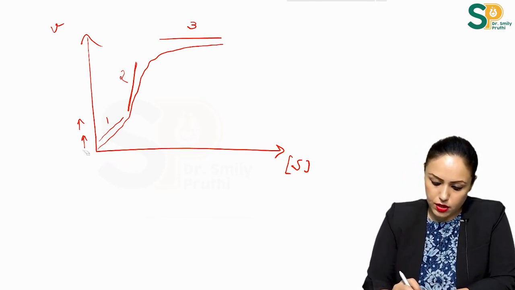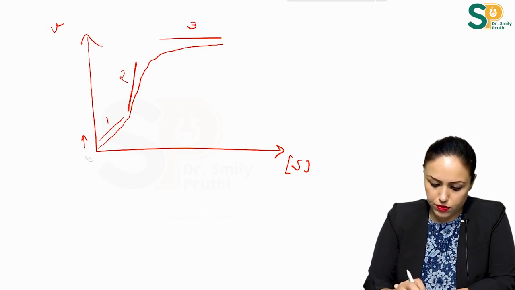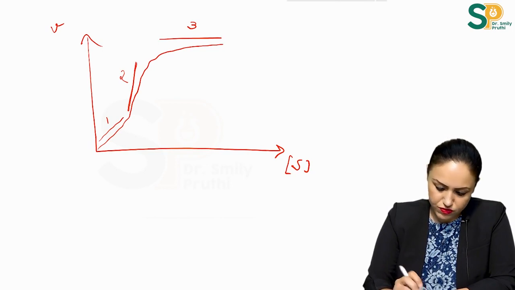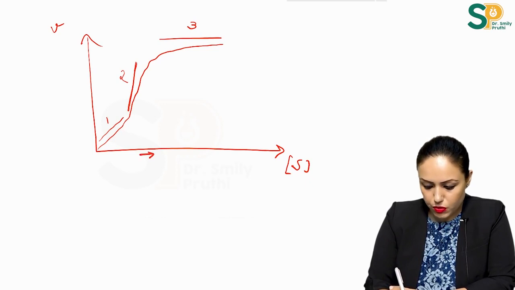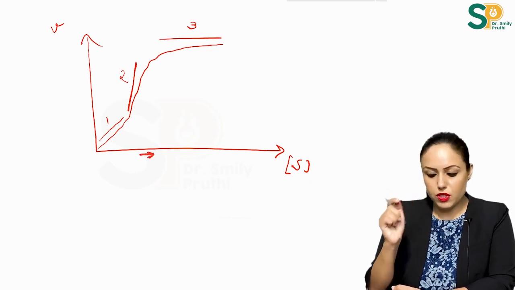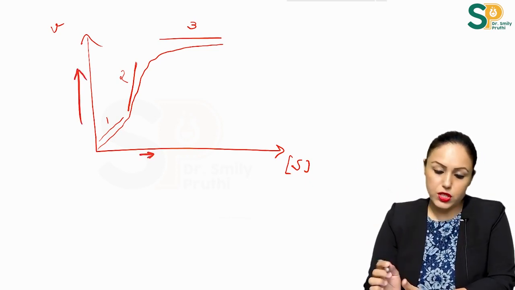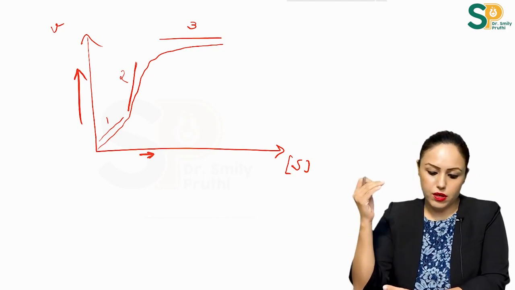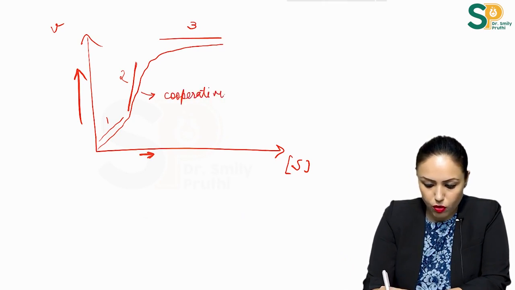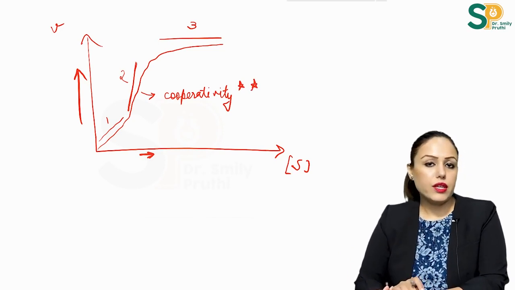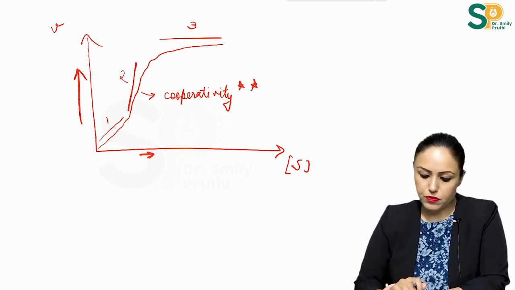Then in the second portion, this much substrate is increased, only this much, but velocity is increased exponentially, right? This special portion of the graph is due to a property called cooperativity. Very, very important. I'll take the detail of this on the next page.